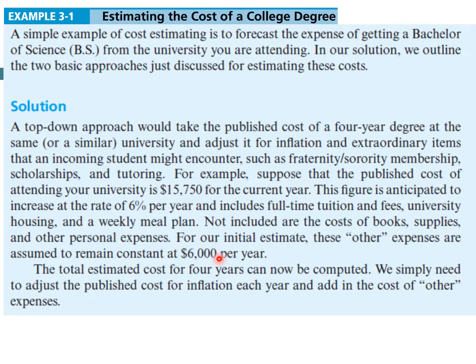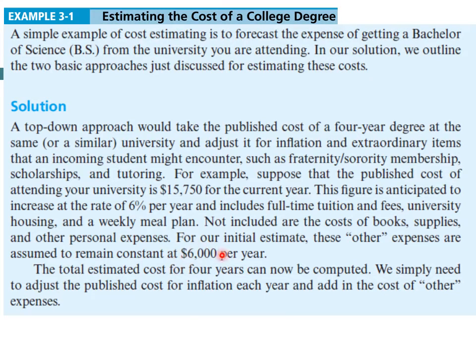You may think, okay, if I pay this amount for the tuition, the housing, and the meal, what will be the cost for me for all other expenses? And you can come up with saying that, okay, for these other expenses, the cost can be $6,000 per year. Now, we know all these numbers.